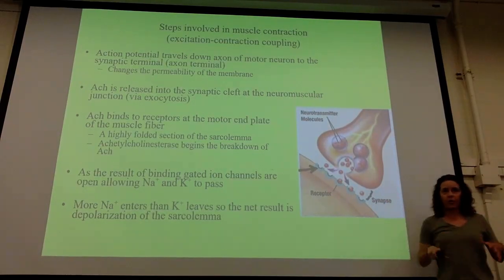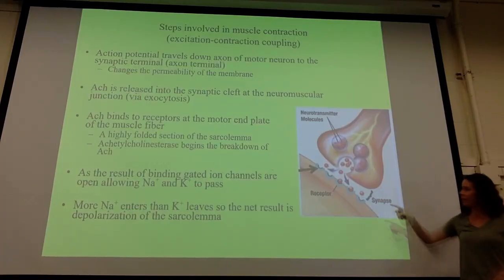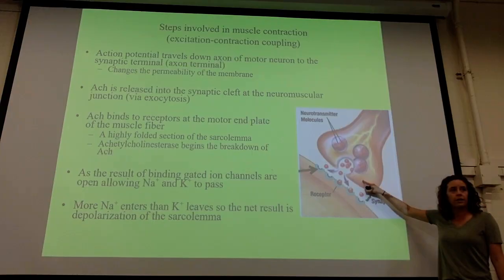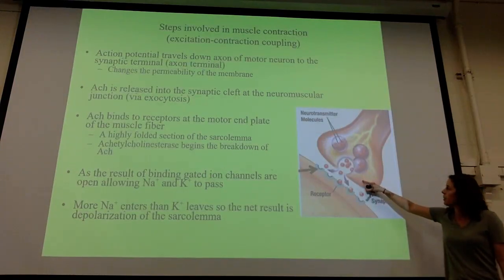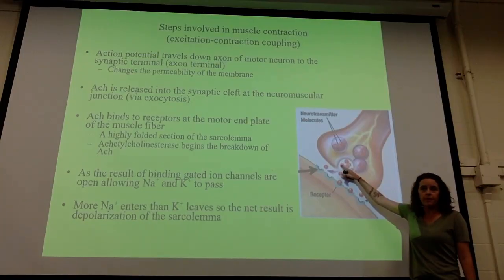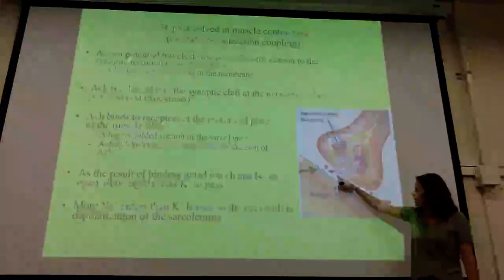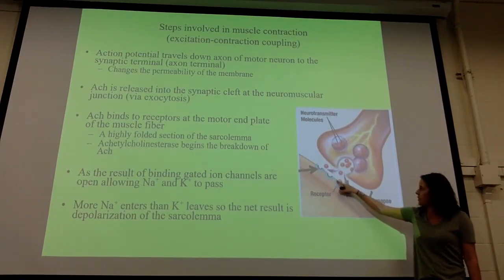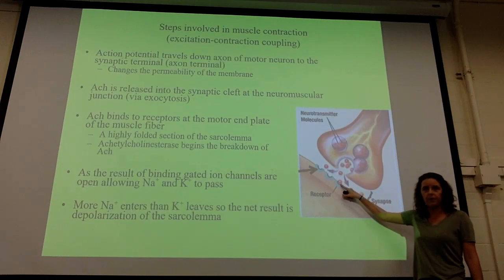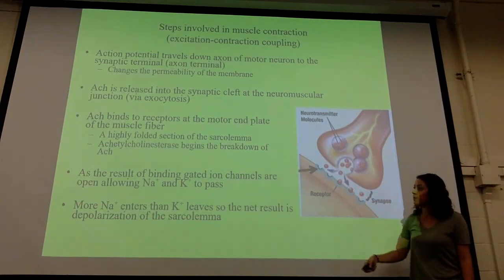Okay. So all we have up until this point, the action potential has been sent down the motor neuron. The neurotransmitter acetylcholine has crossed the synapse, has fit into its receptors at the motor end plate on the muscle fiber. The enzyme starts breaking it down.